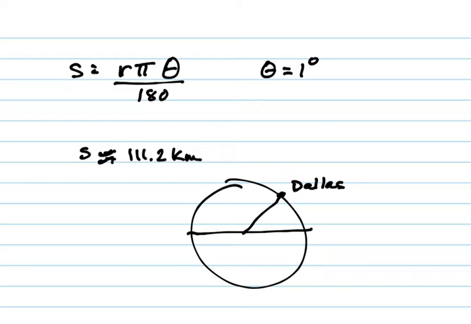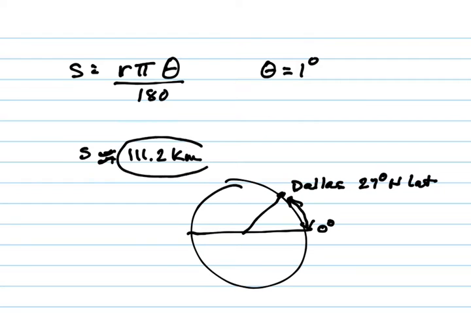We say that it's 27 degrees north latitude. Then from the equator, which is at 0, right, to there, that's 27 degrees of latitude. And each degree of latitude is how many kilometers? 111.2.